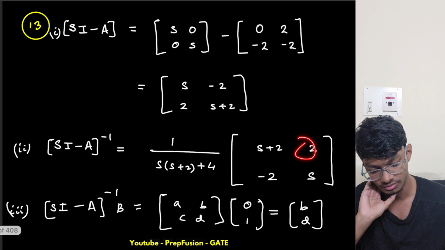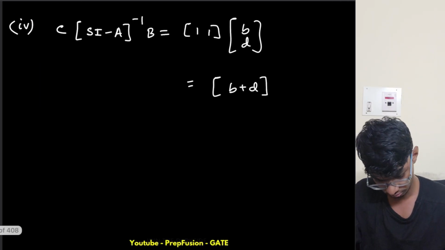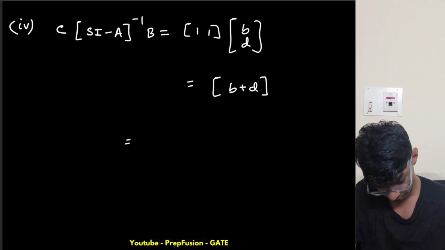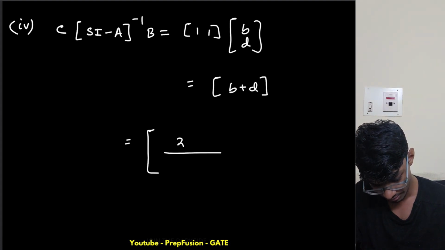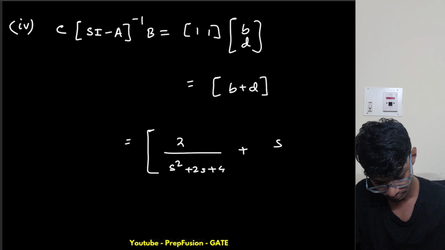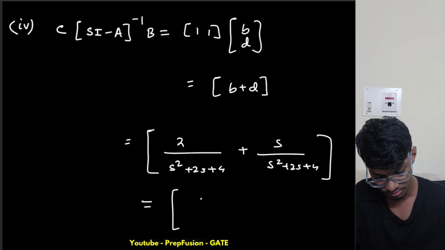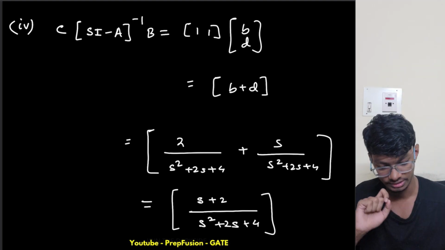So b equals 2 by s square plus 2s plus 4, and d equals s by s square plus 2s plus 4. So this becomes s plus 2 divided by s square plus 2s plus 4. Okay, so my transfer function I get like this.